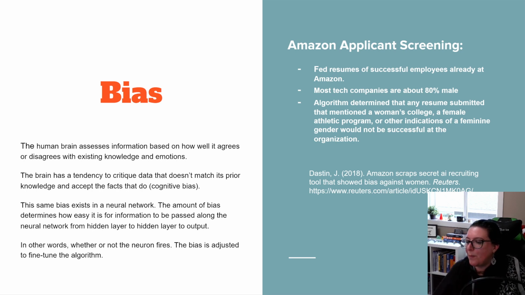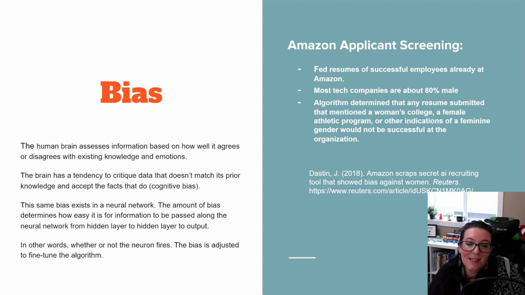One example of bias is in Amazon's application screening process. Amazon fed a bunch of resumes of successful employees already at Amazon into their algorithm to help identify potential candidates and to automate the screening process.